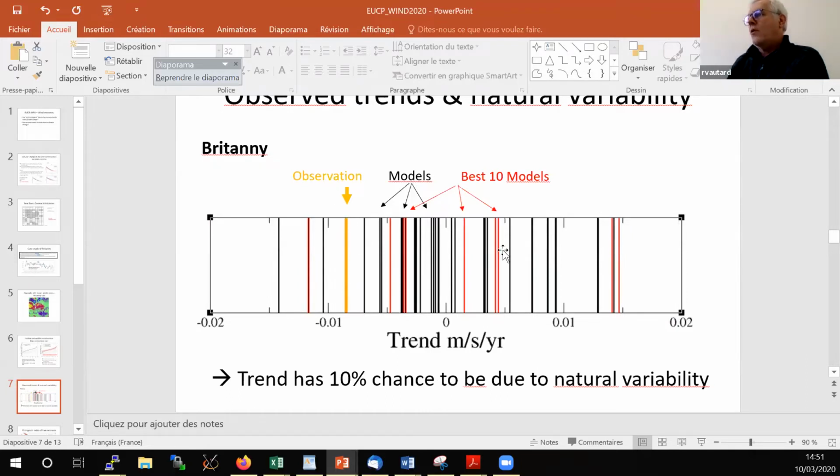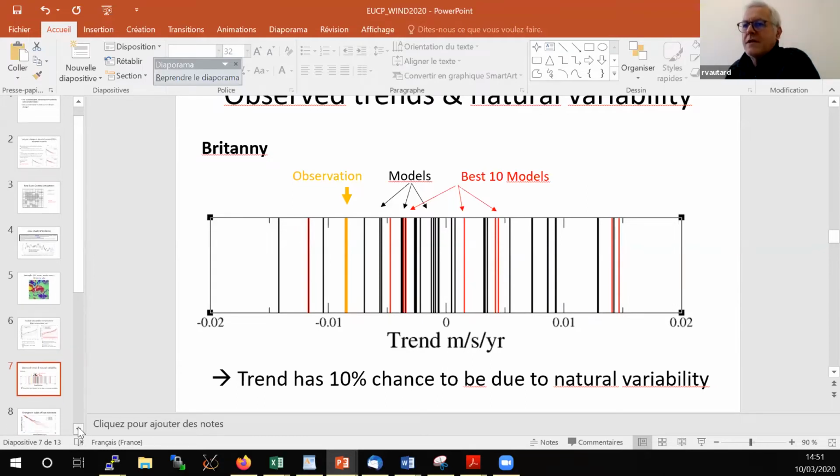And we have all the models and the best 10 models in red. This is historical, so it has a very low signature of warming or climate change in this period. What we see basically is that even though we have a trend in the observation, it's perfectly compatible with natural variability. So that's one of the answers for this case.